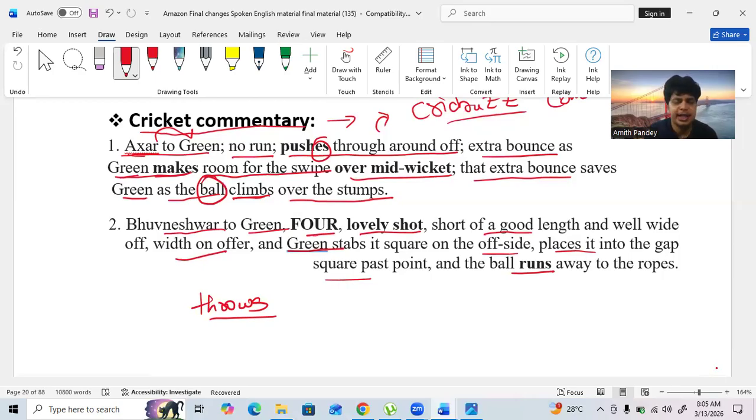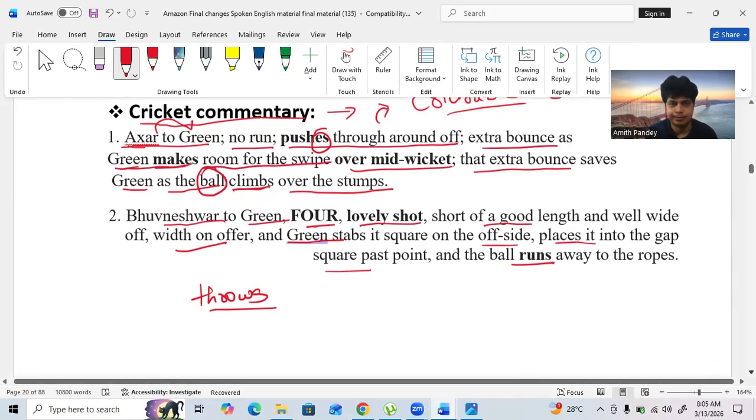Then the third delivery by Bumrah. So Bumrah throws, or Bumrah delivers the ball. Slow delivery by Bumrah, whereas Virat tries to hit a long shot, but he misses, and he just hits and takes a single. Okay, so in this way you can go with the cricket commentary.